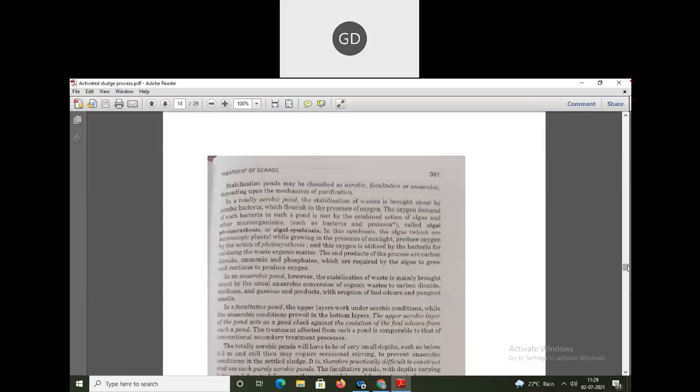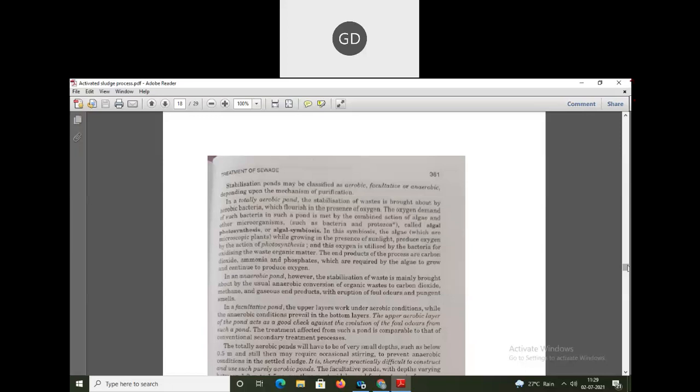The microorganisms might be protozoa or bacteria, and all together the process is known as algal symbiosis, or algal photosynthesis.